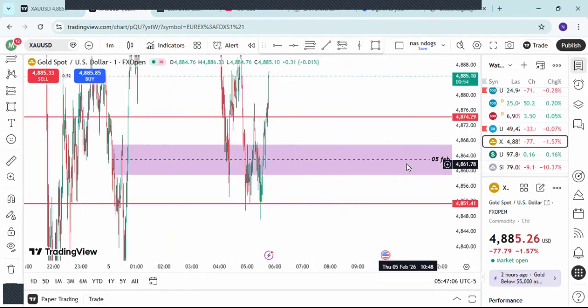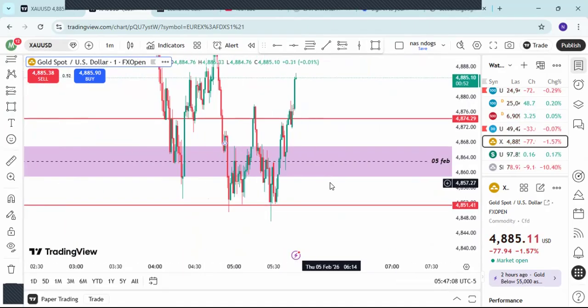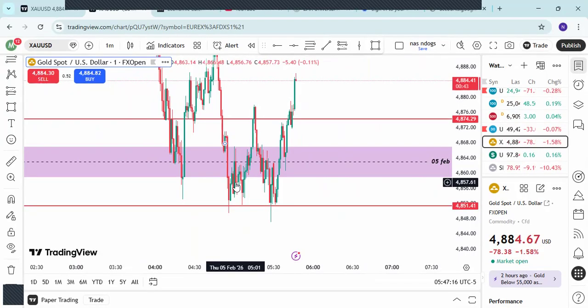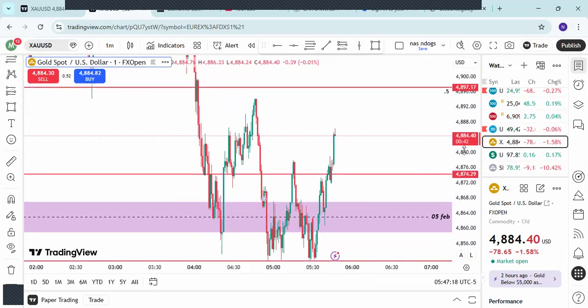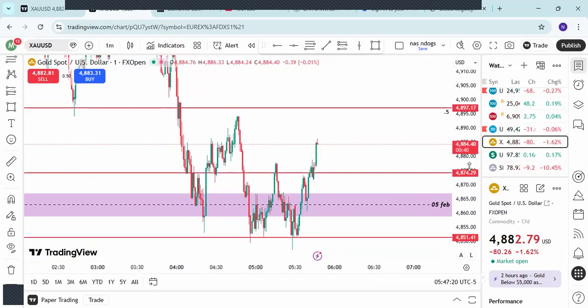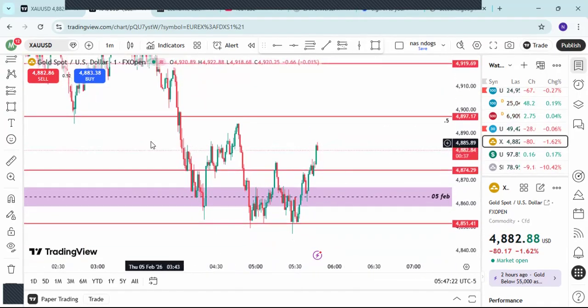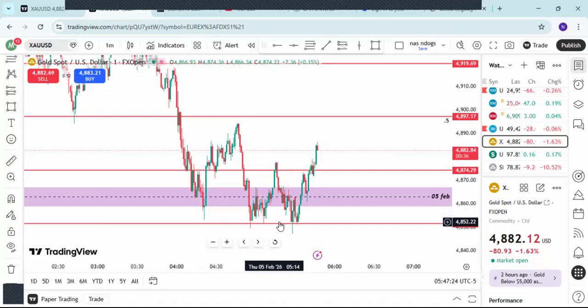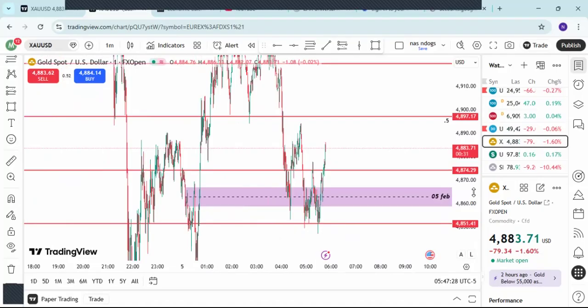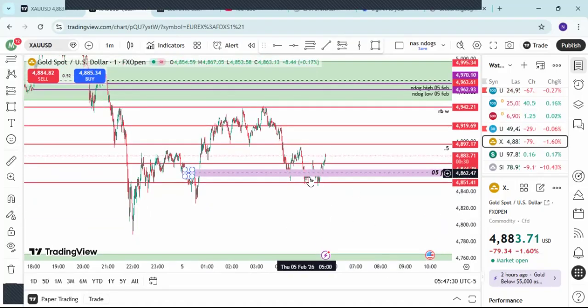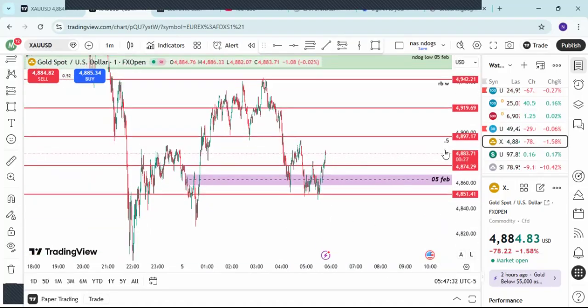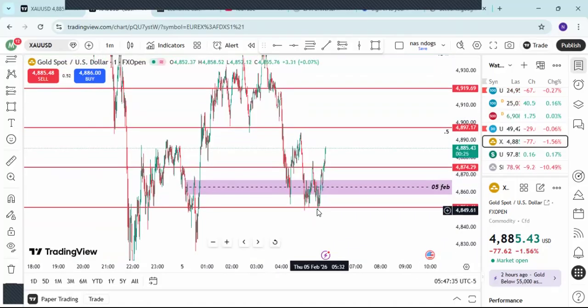So now, currently, it's London lunch. At 5, we ended London. The London session in terms of its kill zone is from 2 a.m. to 5 a.m. So now we took off the low of the week.